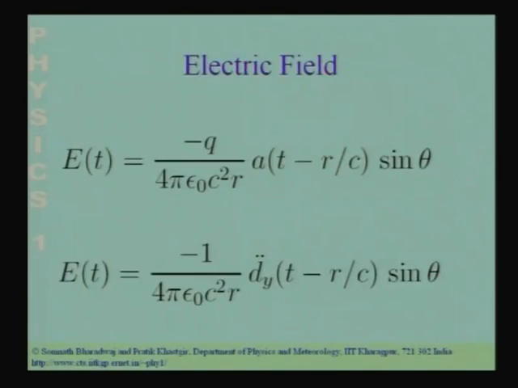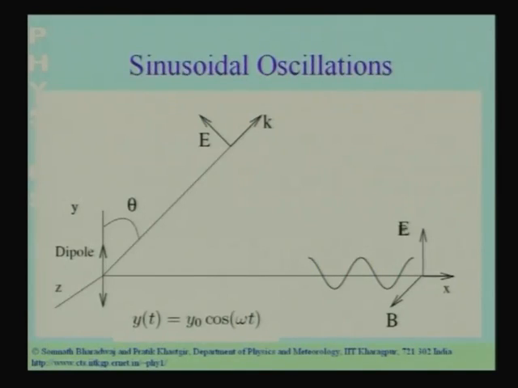So, what does it tell us? It tells us that if we give a sinusoidal voltage to this dipole oscillator, far away it produces an electric field pattern, and at a fixed time this electric field pattern is sinusoidal, and as time varies the whole sinusoidal electric field pattern will move forward.